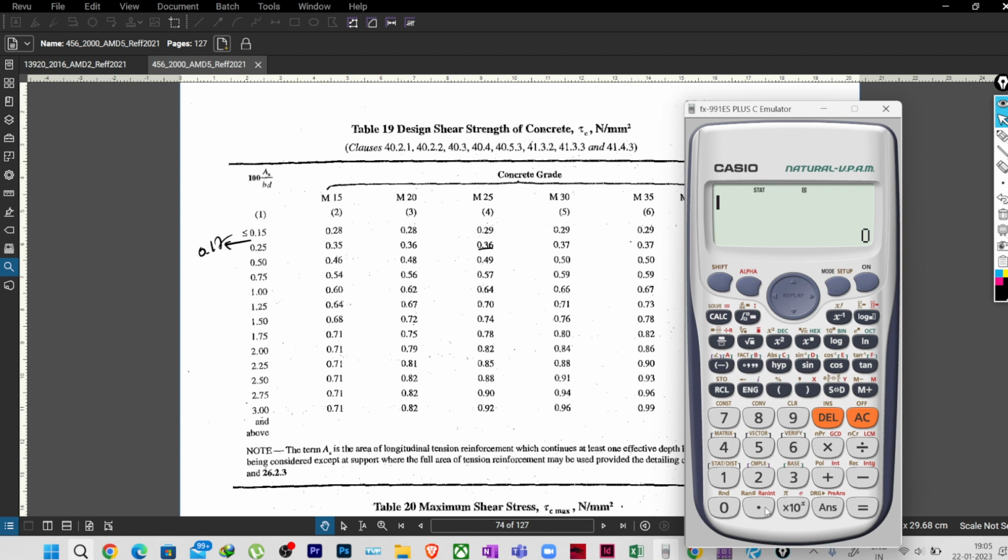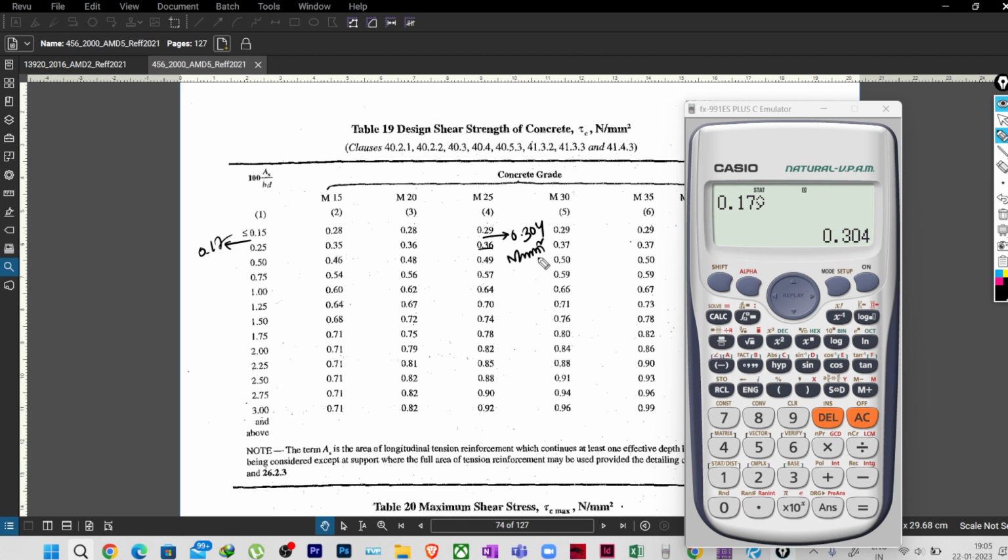Now what is our value? Our value is 0.17. Okay, for 0.17, what will be the value? Okay, so I'll press shift stat 5. Yes, I'll click on equal to, so it is 0.304. So the value in between is 0.304 Newton per mm square.